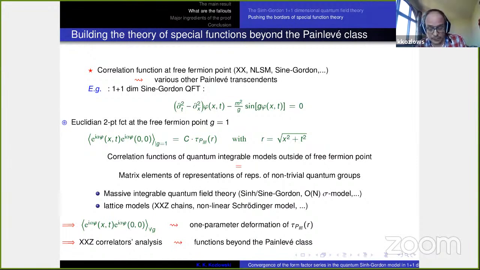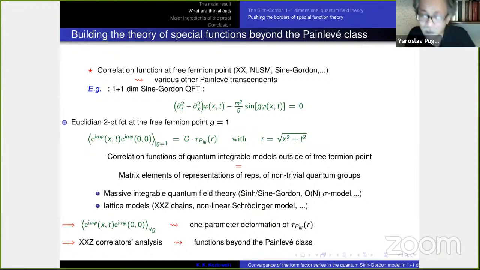There are other representations for these 2-point functions which you get from representations for the form factors, obtained by Smirnov in his pioneering works, but also later by Smirnov, Jimbo and Miwa. Definitely you have representations for the XXZ chain. There are really lots of representations for static and dynamical correlation functions, also for the nonlinear Schrödinger model, and for many other quantum integrable field theories, I think the O(N) models.